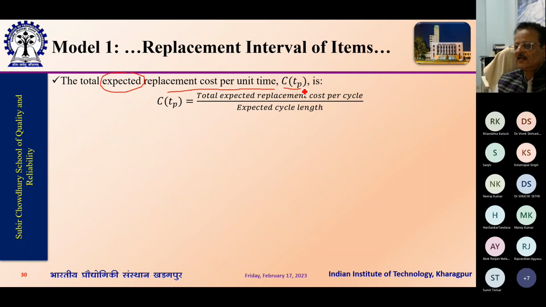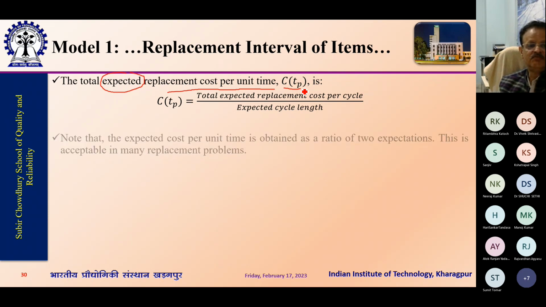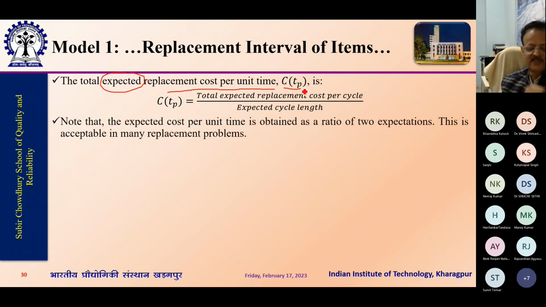Why expected? One thing is clear: if the preventive maintenance interval is reached, we do the replacement, but the item may also fail on or before this. So expectations are to be computed: the expected occurrence of the good cycle and the expected occurrence of the bad cycle.